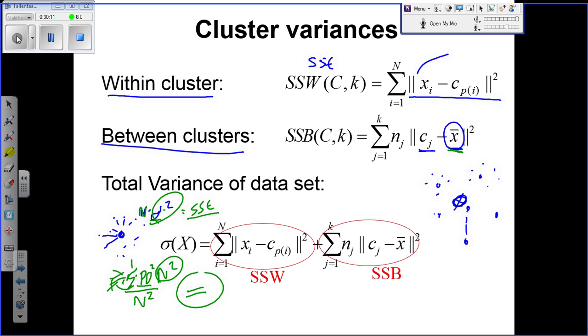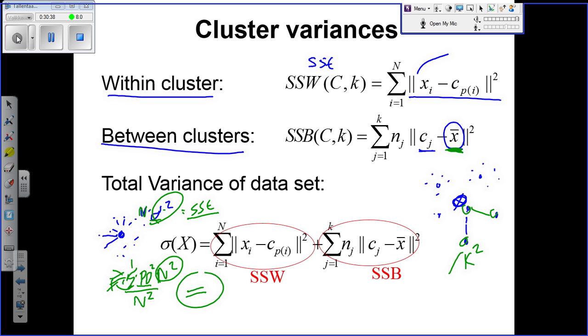Now, calculating this overall average of the data points. If I want to calculate all pairwise distances of the centroids, again I have k centroids, so I have k power 2 different distances. If I calculate it, I get some result. If I divide it by k power 2, I get the average distance of any pair.